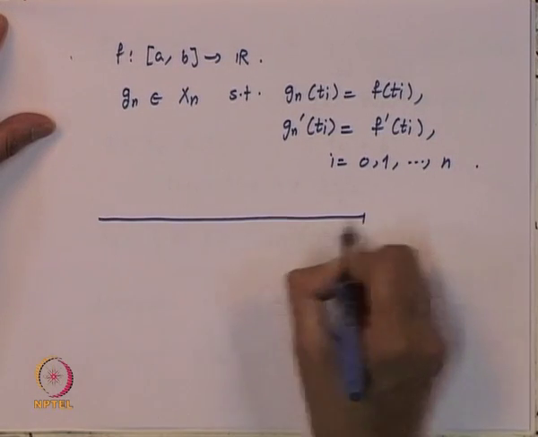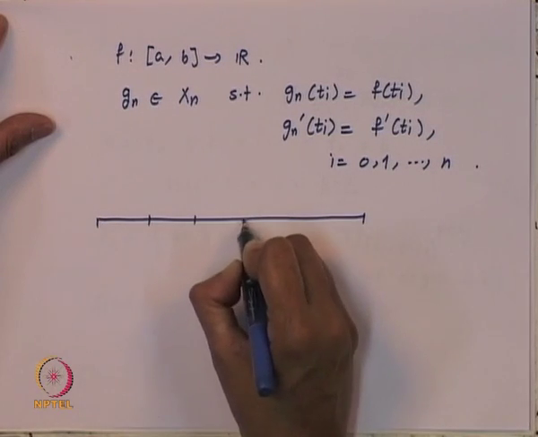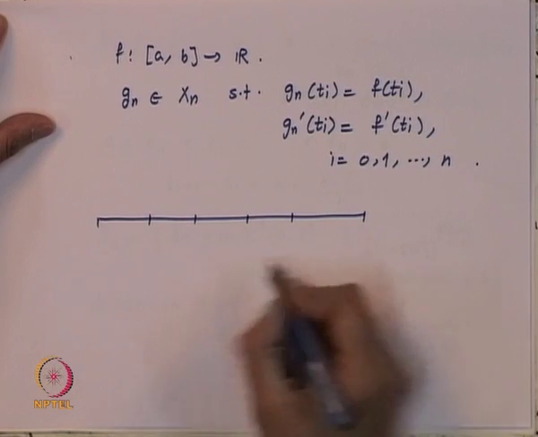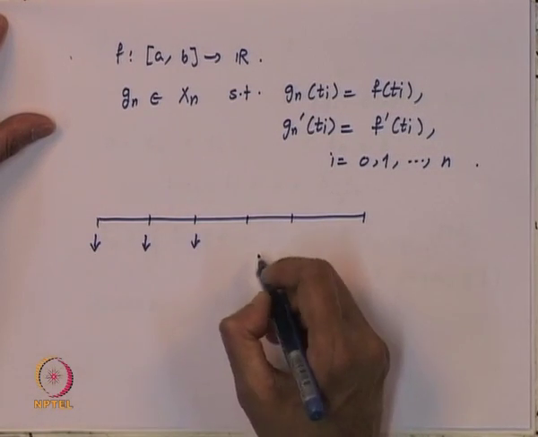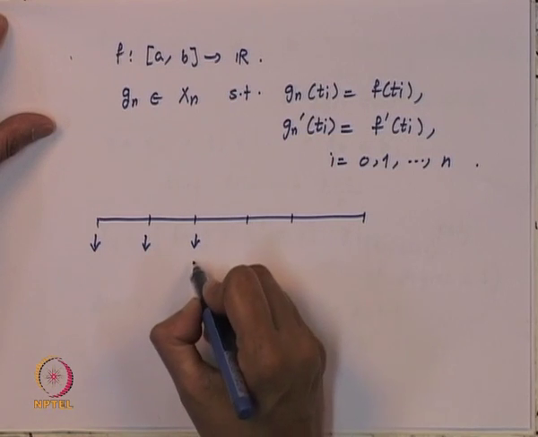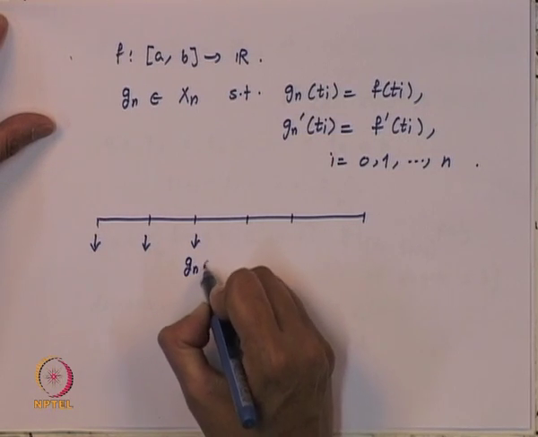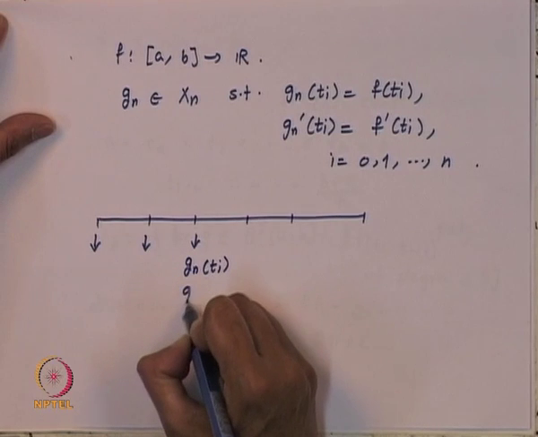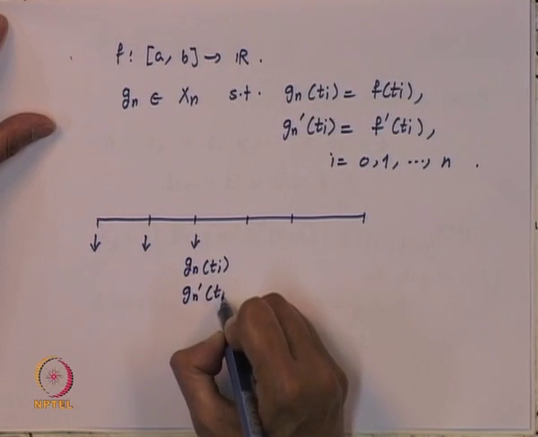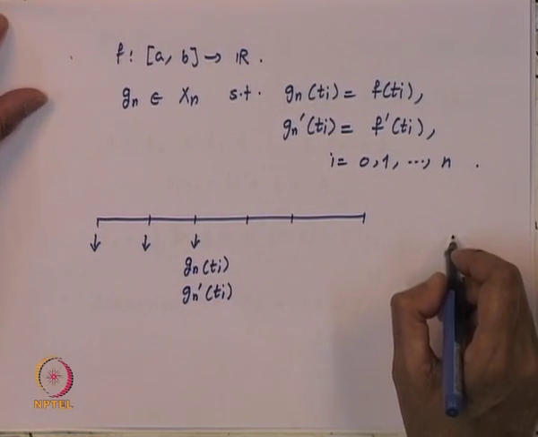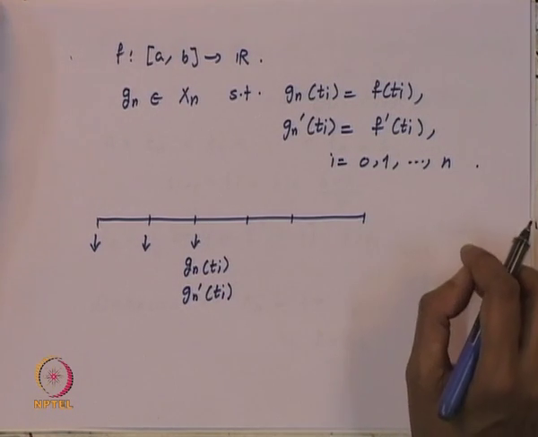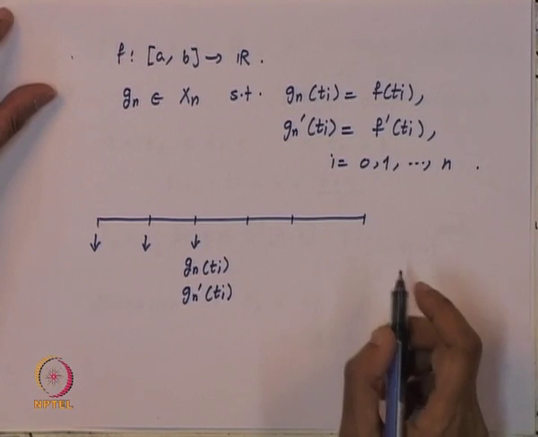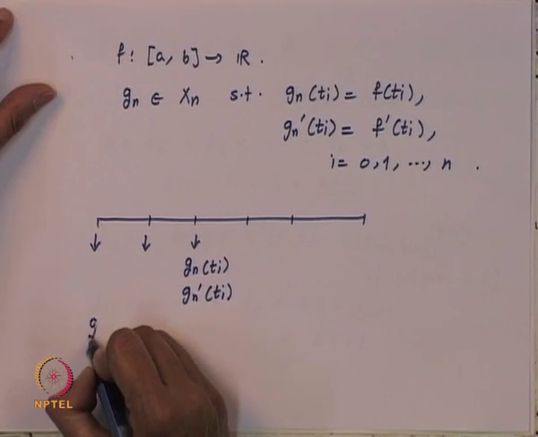So, this is our partition, and we are specifying at all the partition points the value of g_n(t_i) and the value of g_n'(t_i). So, by very construction our g_n is going to belong to X_n.